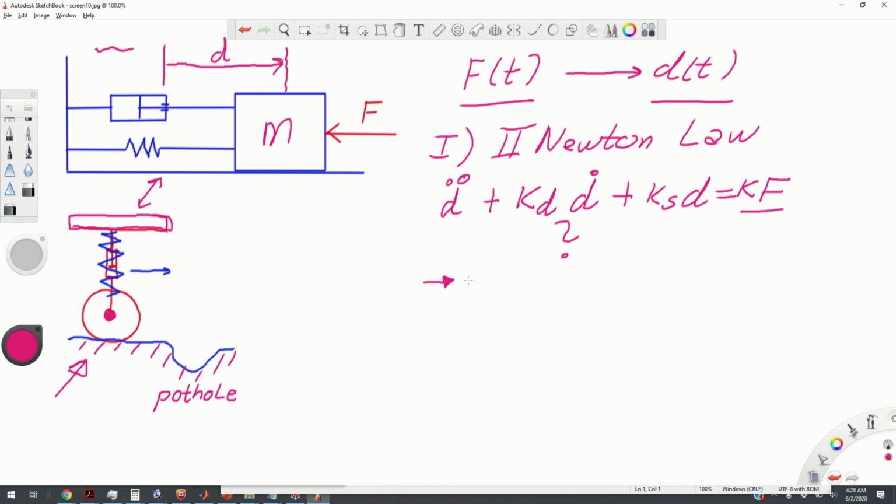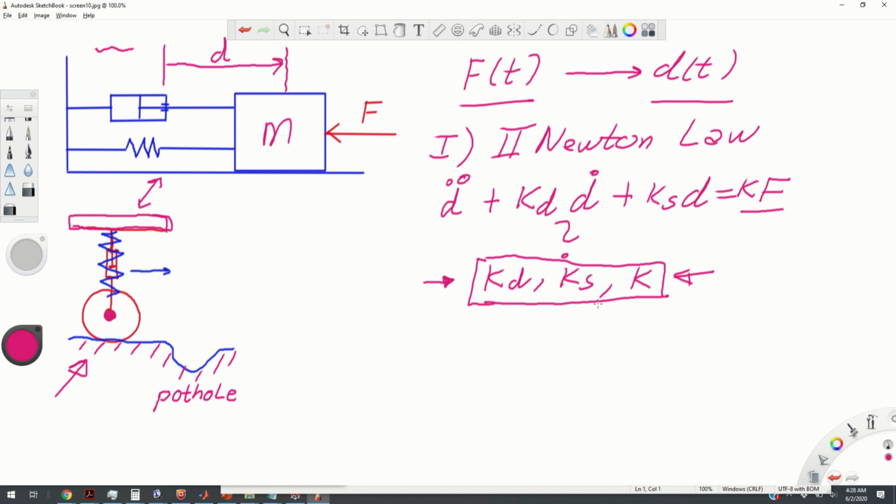The answer is that in practice, we often do not know the precise values of the constants Kd, Ks, and K defining the mathematical model. These constants might be completely unknown, or we might know them up to certain uncertainty. Sounds funny, certain uncertainty, right?